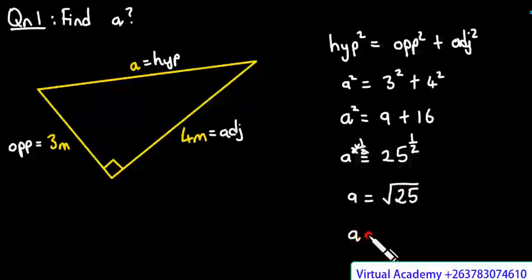Then if I look for the square root of 25, it's actually 5, because 5 times 5 is 25. So which means the dimension of this A is actually 5. Since the other sides are given in meters, my A is actually 5 meters. So basing on the Pythagoras theorem, we can conclude that the hypotenuse, in this case this A, is equivalent to 5 meters. Then we'll be done dealing with this situation that we have here.